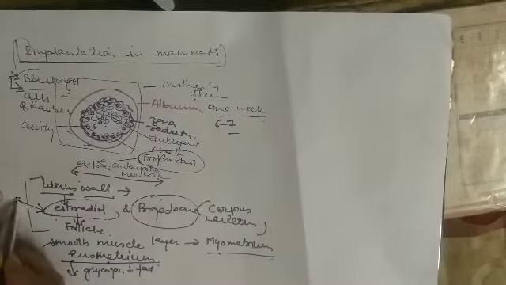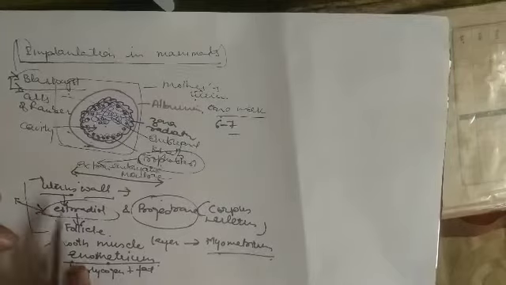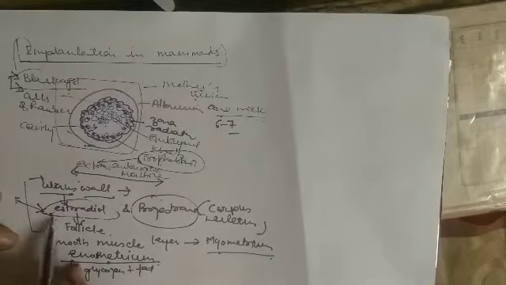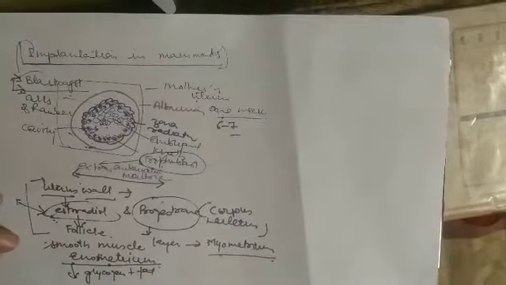Estradiol is preparing the uterus from the very beginning when the cycle starts. When the follicle starts developing, estradiol is being secreted, and once ovulation has taken place, progesterone takes over. These two hormones altogether do this job.